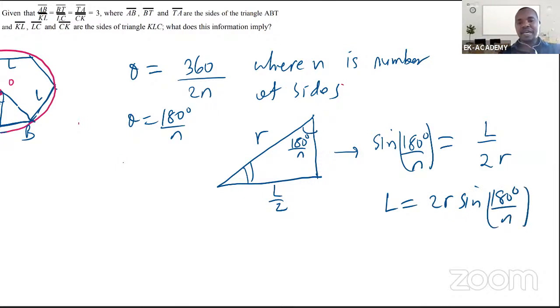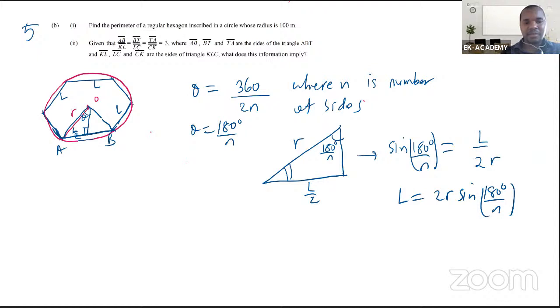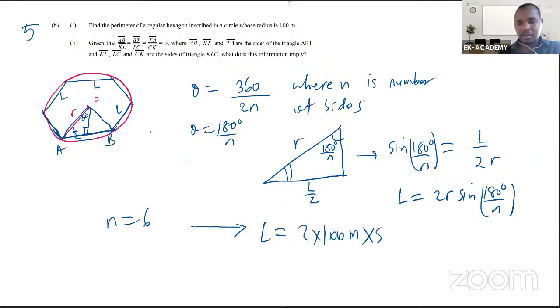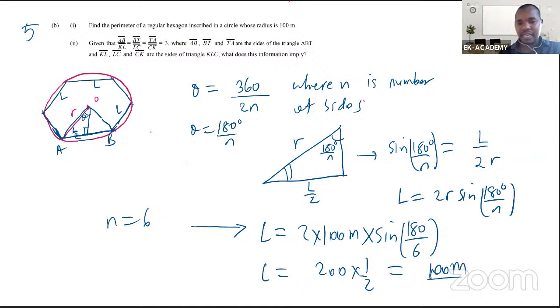Because the number of sides here is 6, n equals 6, so L will be 2 times the radius, which is 100 meters, times sine of 180 divided by 6. So L will be 200 times a half. You get 100 meters.